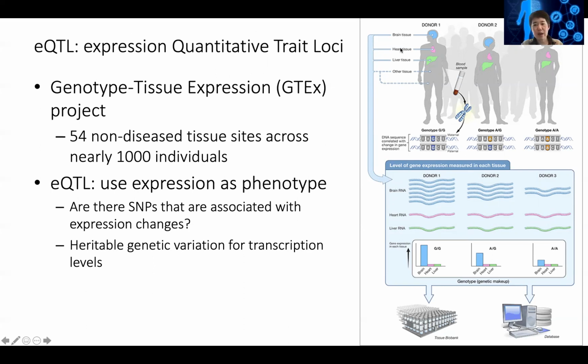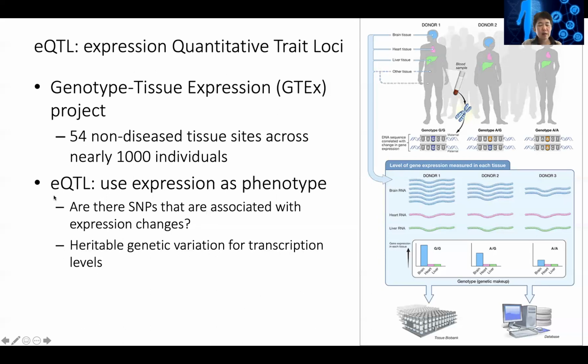In this case, brain, heart, many different tissues, 50 different tissues from these individuals. And they did both the SNP typing, using SNP arrays to look at their SNPs across the genome, and also the expression of those 54 tissues across individuals.